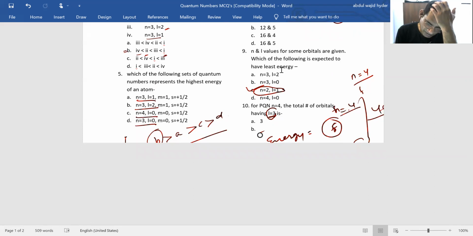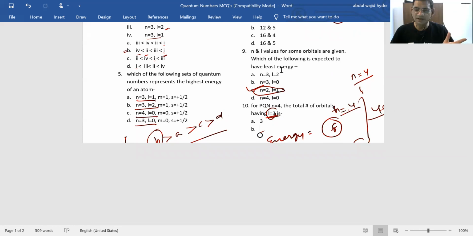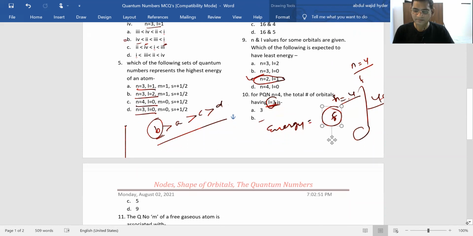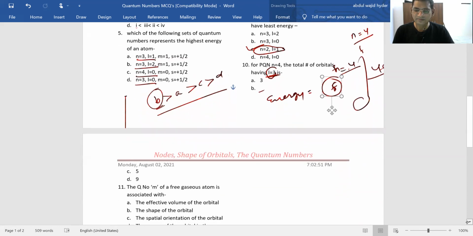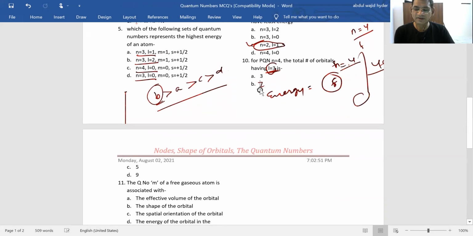And in 4F or any F subshell, how many electrons can be accommodated? 14 electrons can be accommodated, and the number of orbitals will be 7. Here they asked you the number of orbitals, so that will be 7.